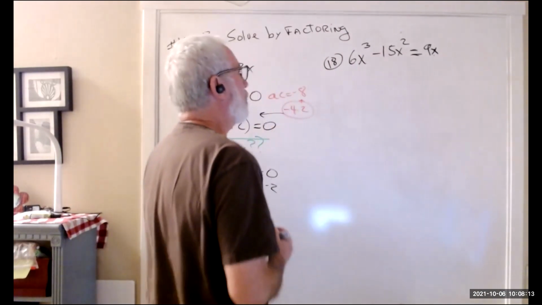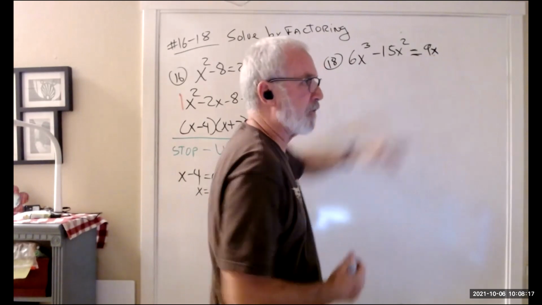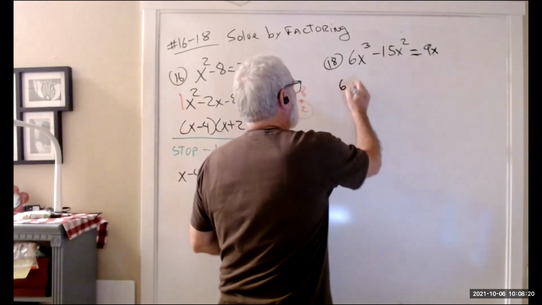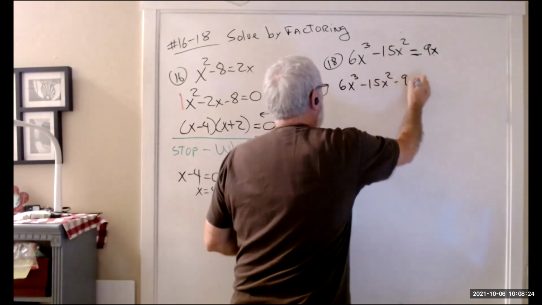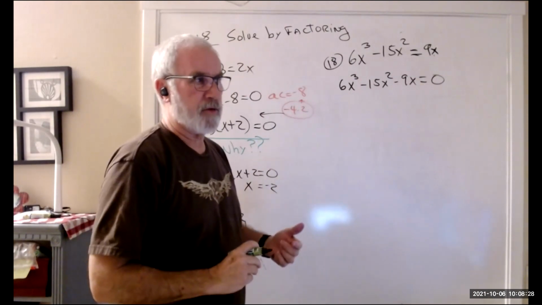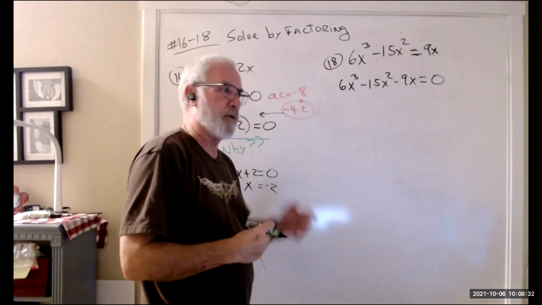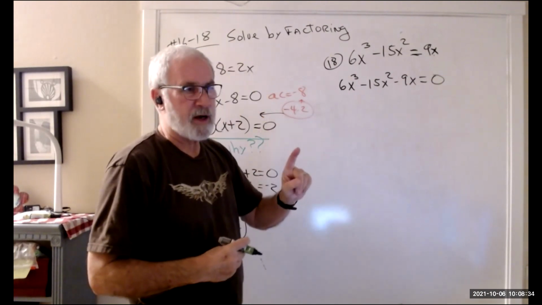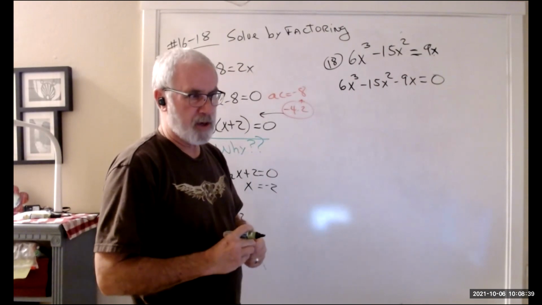Okay, so the first thing we have to do is make it equal 0. So we're going to take away 9x from both sides. The next thing we want to do is factor this. But remember, we had like 4 or 5 different methods to factor. And the first type of factoring I said you always attempt is what do they have in common?